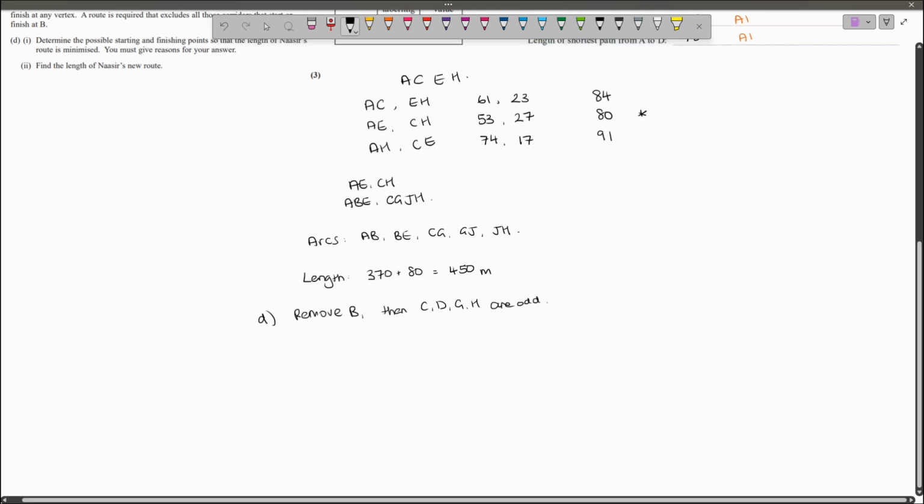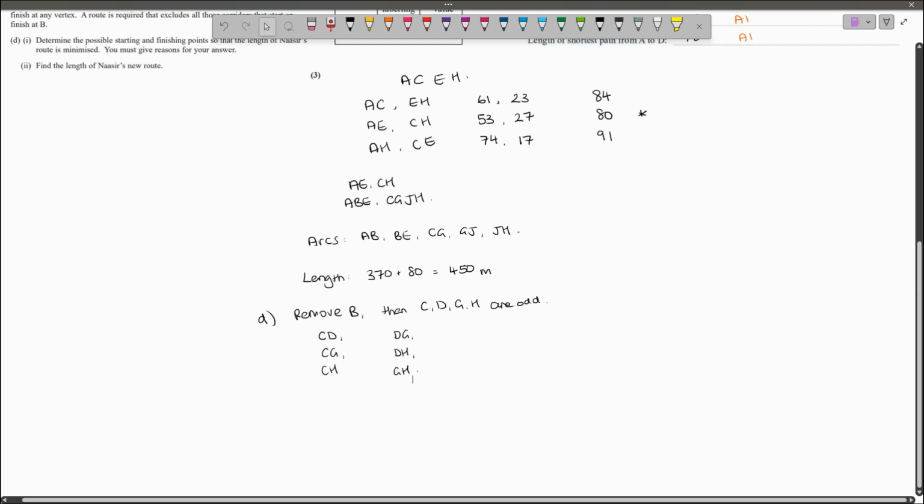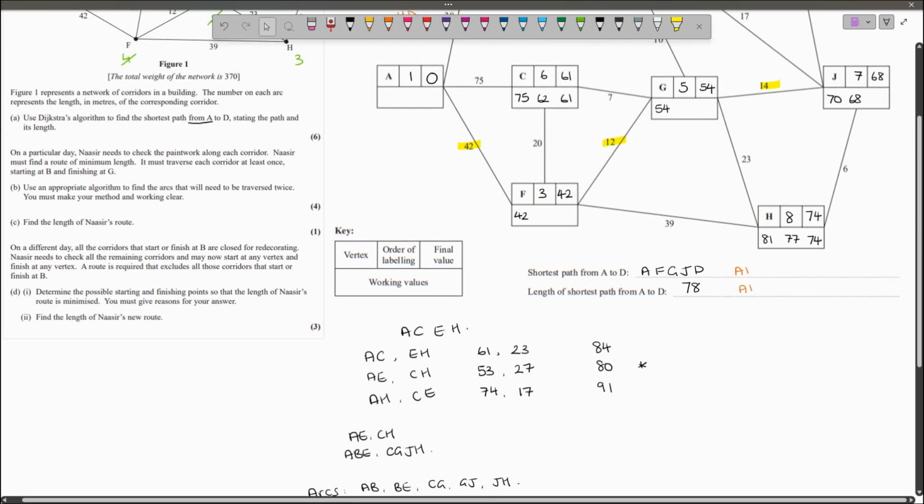So the possible pairings we have are CD, CG, CH, DG, DH, or GH. We want to find the shortest route between all of these vertices.